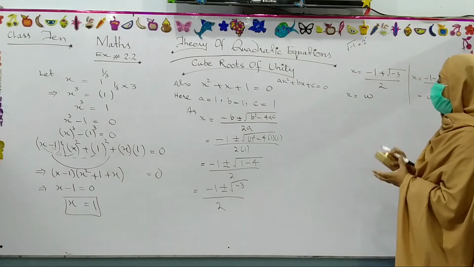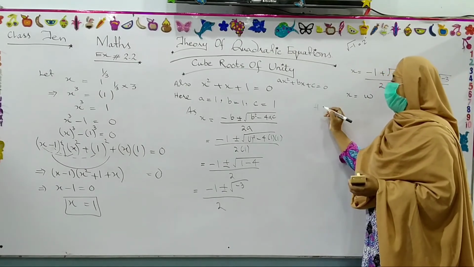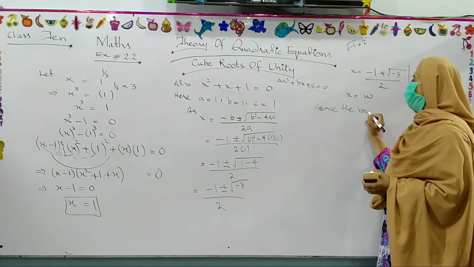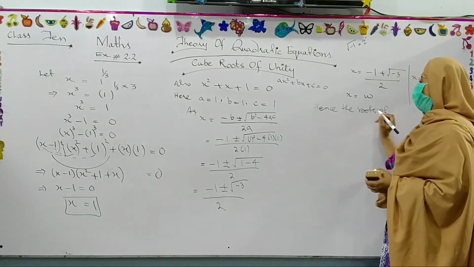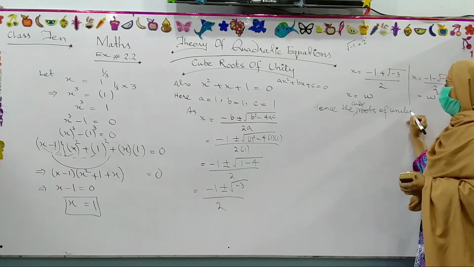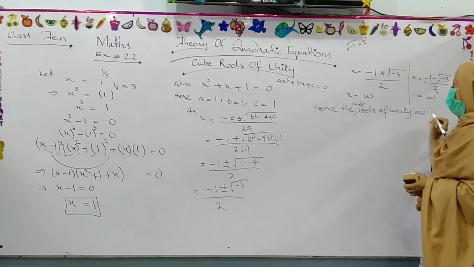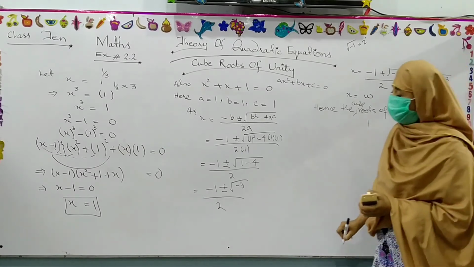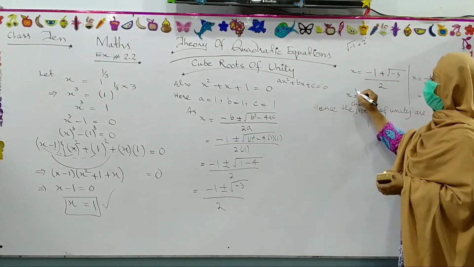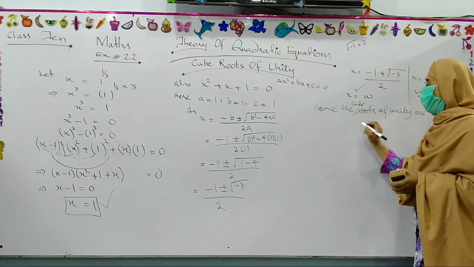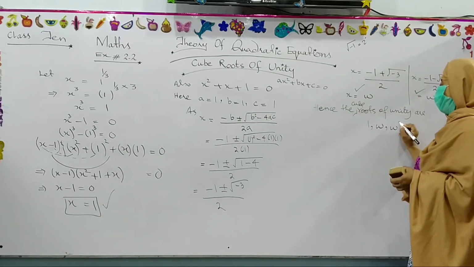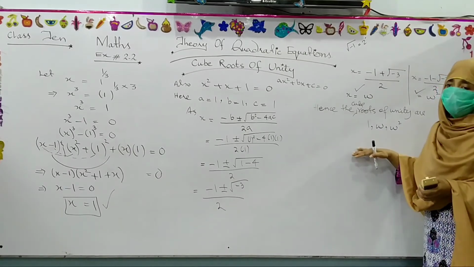So you will say, hence the cube roots of unity are 1. This one we have found here. This is the first root, 1. Second omega and third omega square. So cube roots of unity are 1, omega, omega square. There are two types of roots.